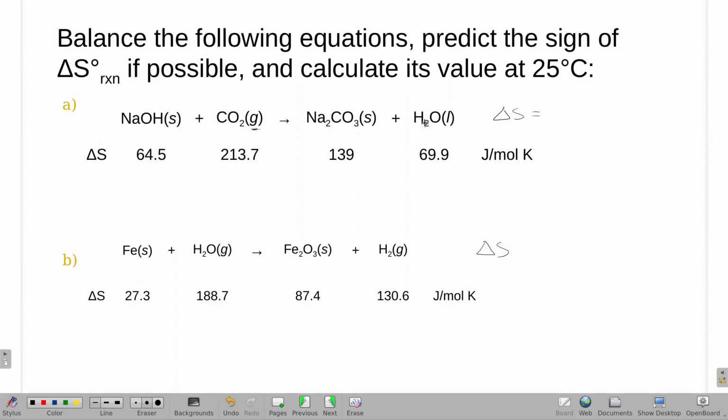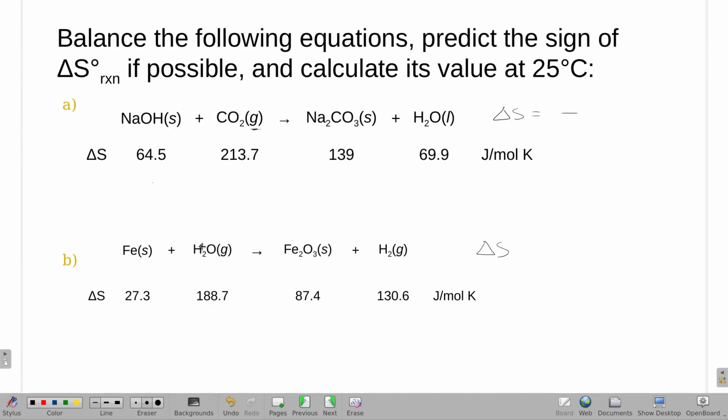And I don't anymore. Well, taking a gas away, all that disorder, that's likely to cause us to go negative on our delta S's. Anytime we have gases that go away, you end up typically with an entropy of a negative value. Now, if you make gases, it's kind of a positive.